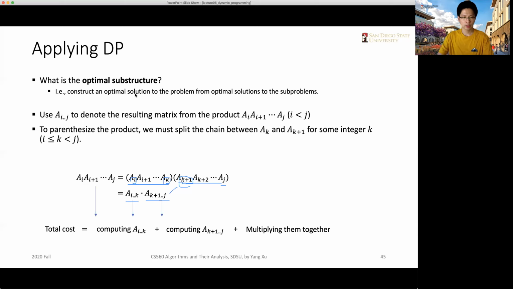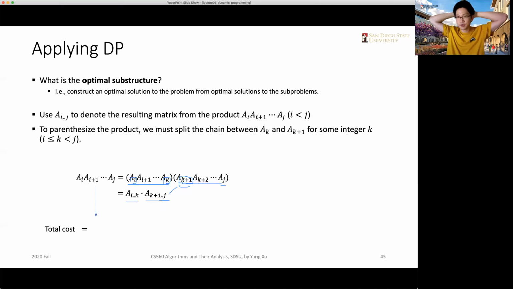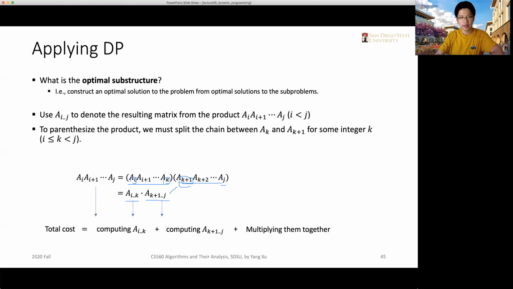Okay, so we can represent the total cost of computing the product from Ai to Aj by the cost of computing the left subchain from Ai to Ak, plus the cost of the right subchain from k plus 1 to j, plus the cost of multiplying the resulting two matrices together.